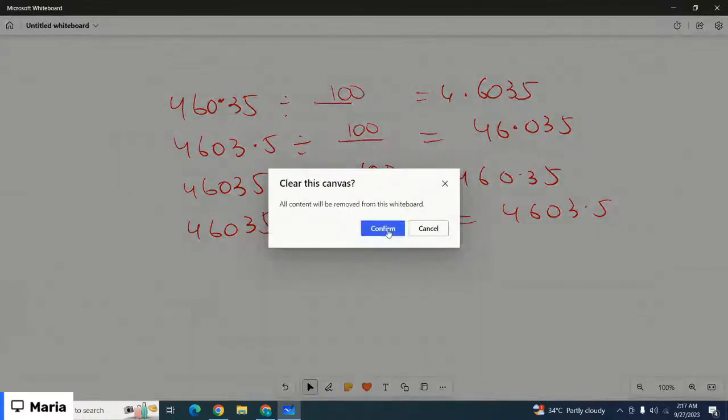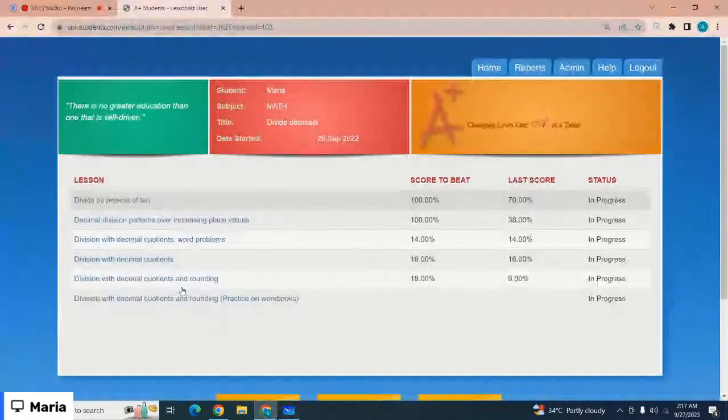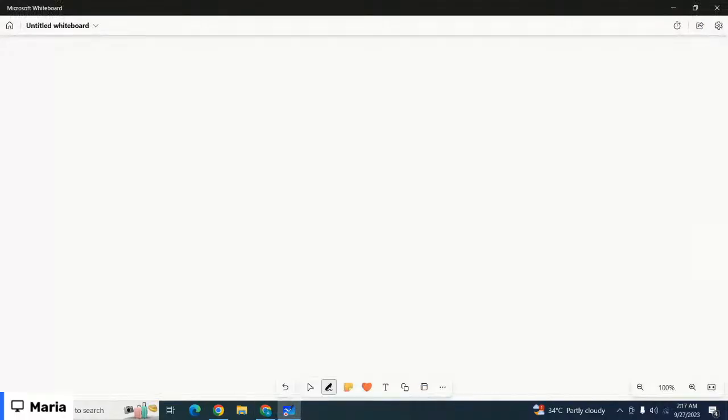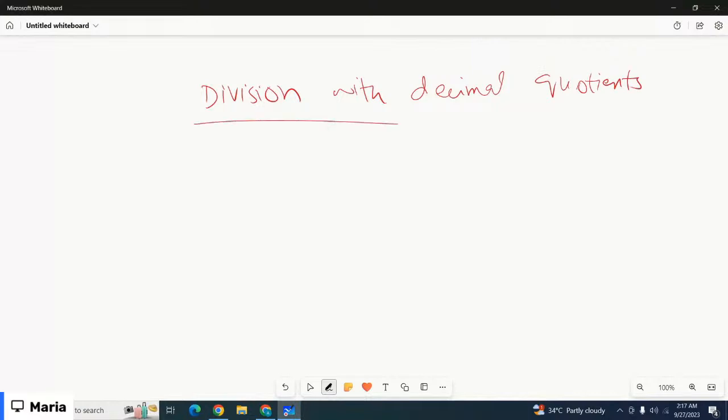The next lesson from the same chapter is division with decimal quotients, right? Let's see how we divide with decimal quotients. Let's start with an example. You have to divide 644 by 8.